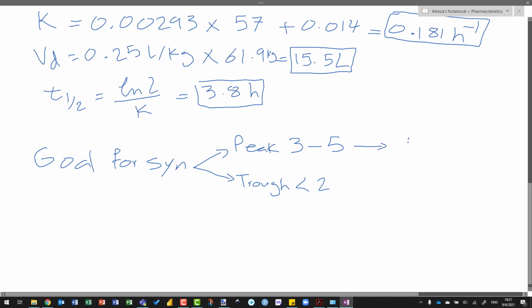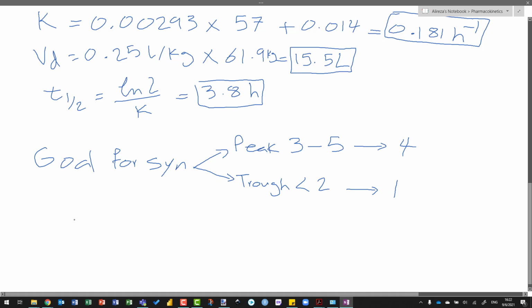To make calculations easy, I'm just going to use 4 right in the middle for the peak, and for trough I'm going to go for 1. You can go lower than 1, for example 0.5, but you just increase the risk of making an error when you punch this in your calculator. So I'm going with 4 for peak and trough of 1.